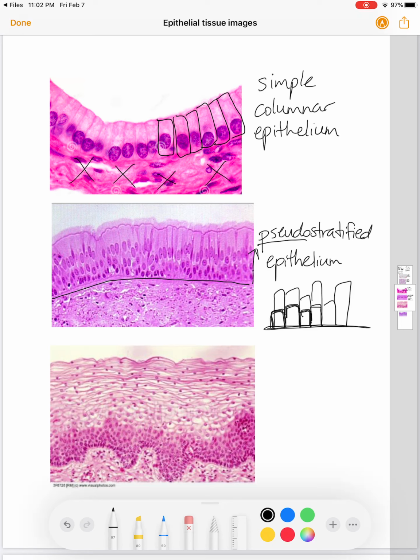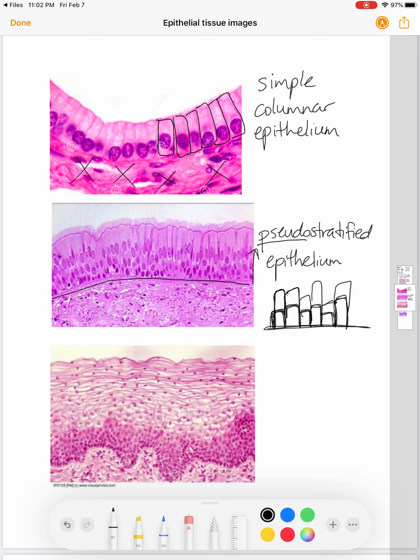And so you can't really see them touching that basement membrane because there are shorter cells possibly sitting in front of them. So it looks like these taller cells are stacked on top of these shorter ones, when in reality, they are actually touching that basement membrane. They're just sitting behind these shorter cells.